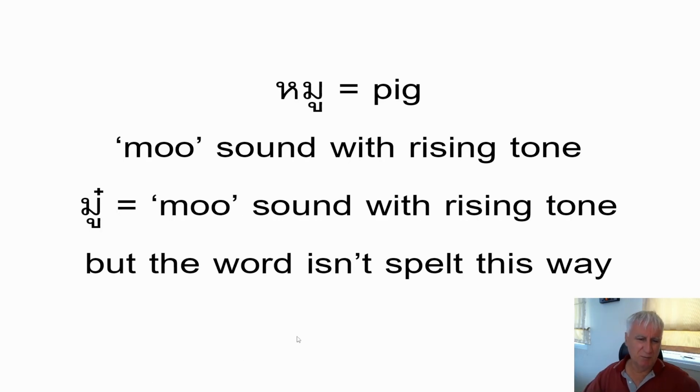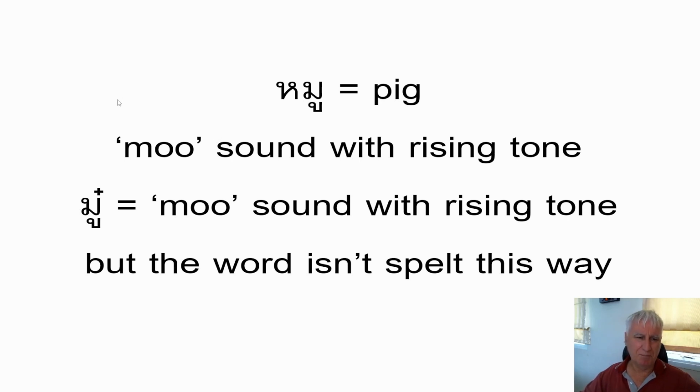Before I go through the examples, I need to explain something else about Thai, and I just hope this isn't too confusing. I'm going to look up one word and try to explain what I mean. This word here is ho heep, the H consonant, mo ma, the M consonant, and then the long sara u. It means pig in Thai.